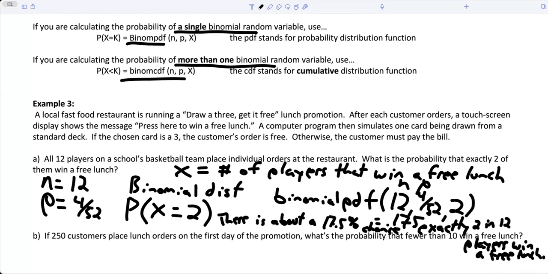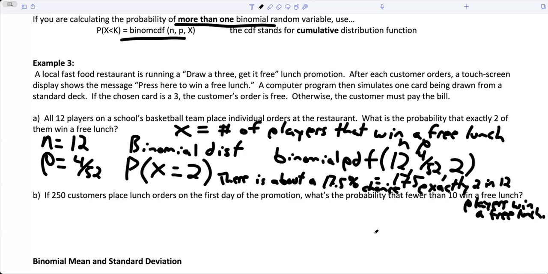And so the next one says, if 250 customers place lunch orders on the first day of the promotion, what's the probability that fewer than 10 win a free lunch?